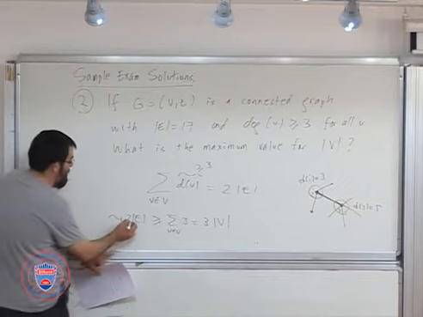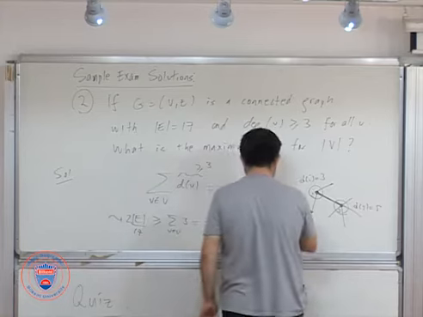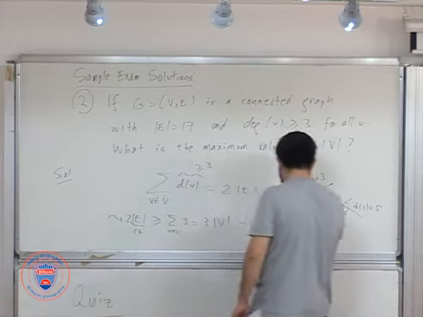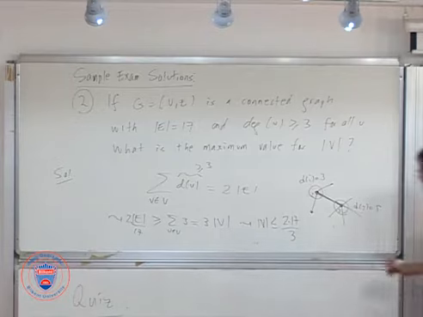We are given that E is 17, so V should be less than or equal to 2 times 17 divided by 3. So how big is that number? 34 over 3, it's 11 point something.